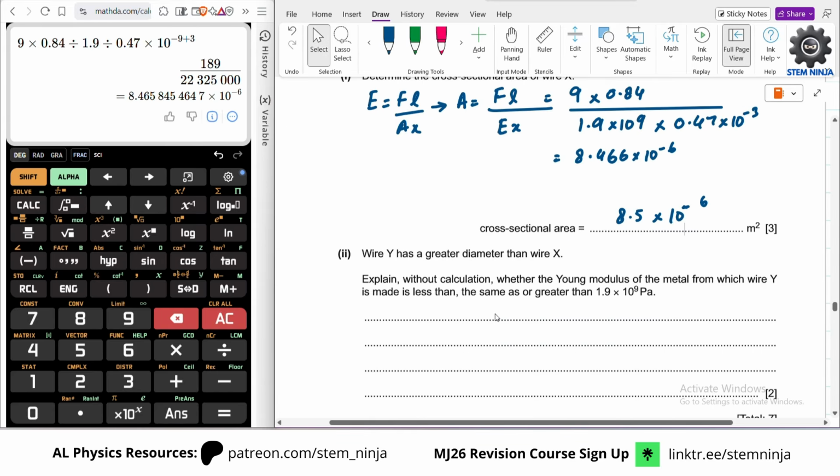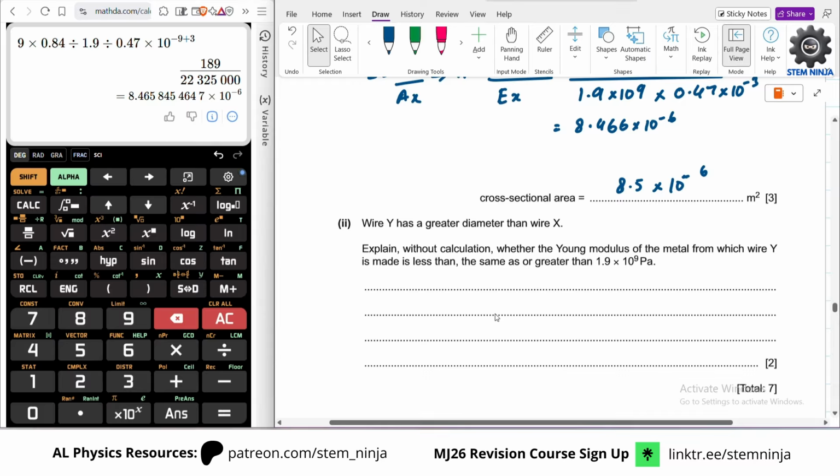Okay. Wire Y has a greater diameter than wire X. That would mean that the cross-sectional area of Y would be greater than that of X. Explain without calculation whether the Young modulus of the metal from which the wire is made is less than, same, or greater than that. Okay.